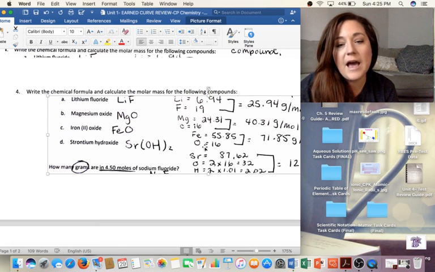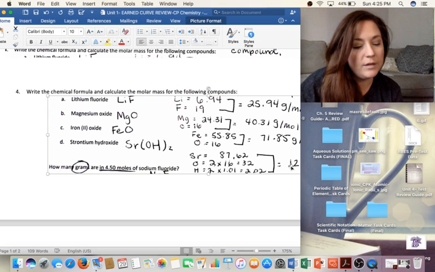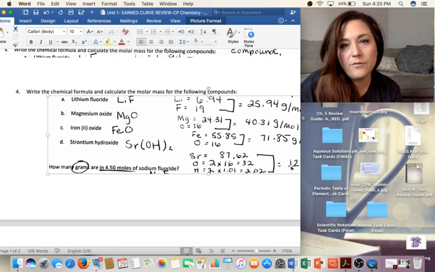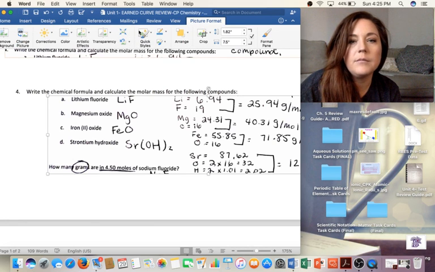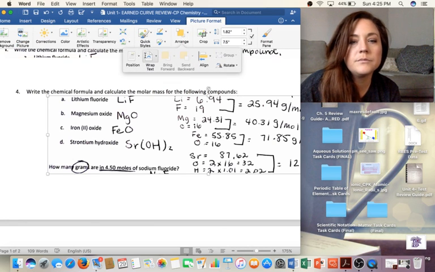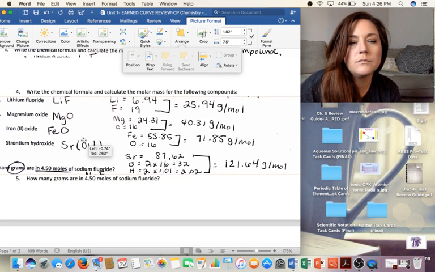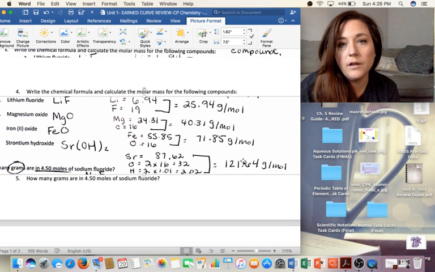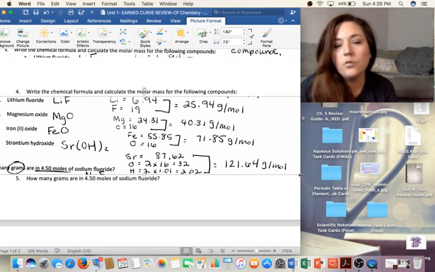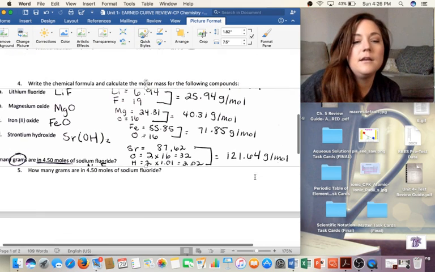And when you add all of these together, you get 121.64 grams per mole. Let me see if I can move this picture over. 121.64 grams per mole. All right, number 5.